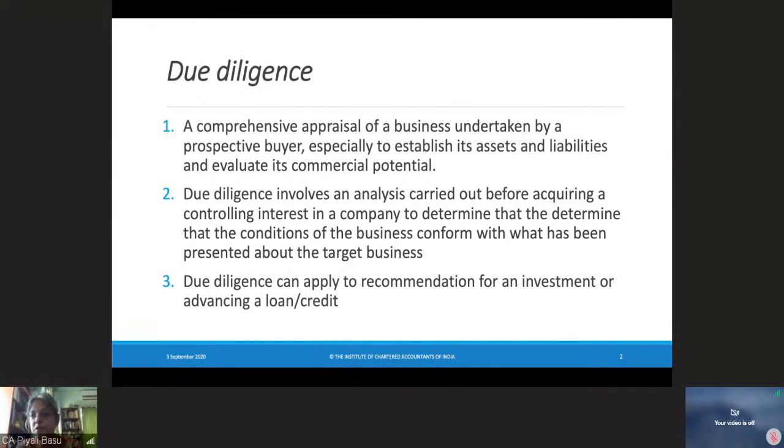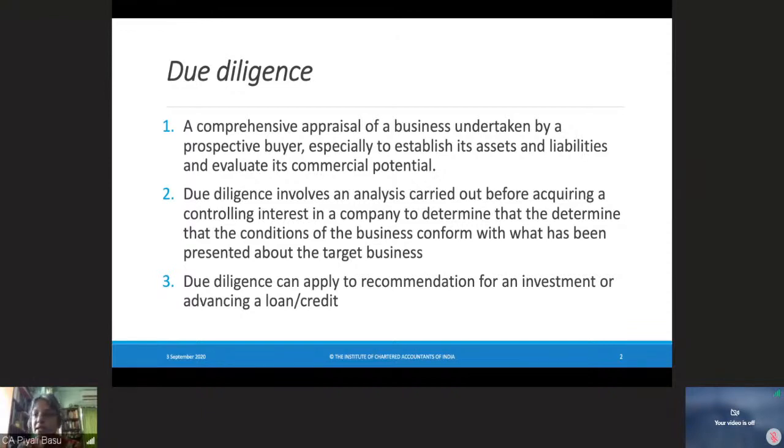But if you have to make a substantial investment, even as an individual, suppose you want to buy shares, I'm sure you do some fact finding before you put in the money. That may not be as detailed as the due diligence we are talking about here, because the investment is probably less in value, but the moment it is substantial based on the individual's capacity, a detailed, thorough investigation or review of the affairs would be done.